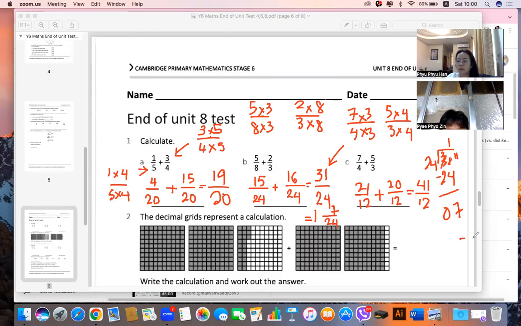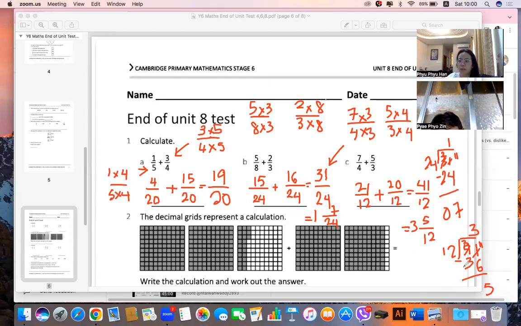If we want to write it as a mixed fraction, 41 divided by 12. 12 times 3 is 36. 12 times 4 will be 48, we cannot minus. So this is 11, here is 5. So what do we get? 3 and 5 by 12. Okay, so this is the answer.